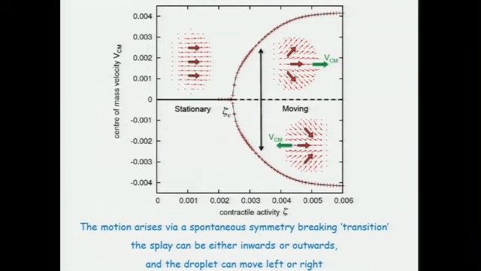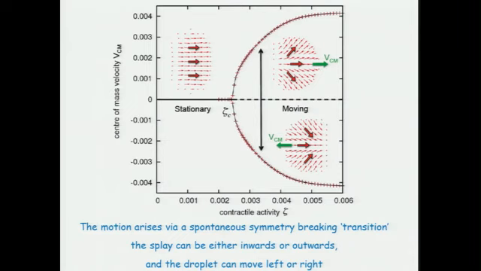At first, even if you put a little random noise in your equation of motion, this will splay a little bit and then come back to the state. So it will be linearly stable, even non-linearly actually. Whereas here, you can spontaneously break the symmetry and splay outwards or inwards and move in different directions. So that's the physics of our motile droplets.